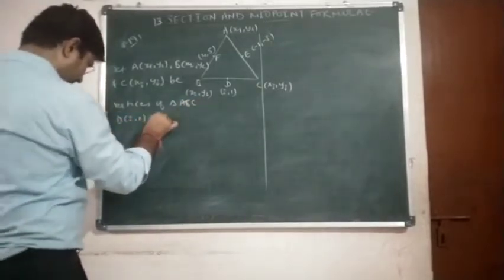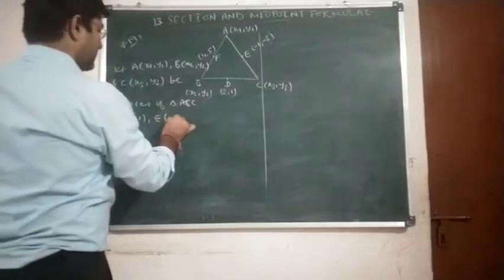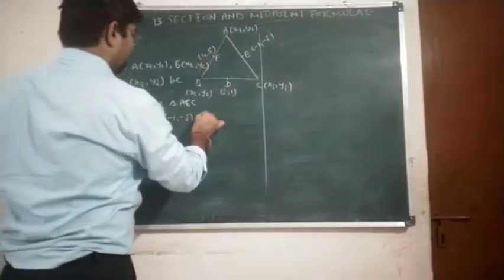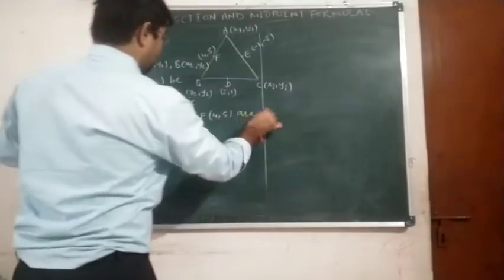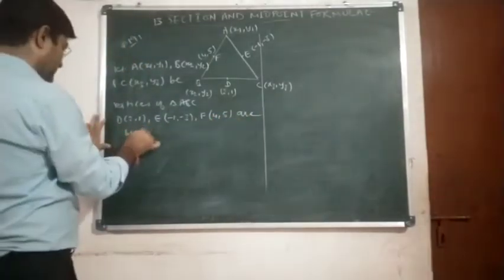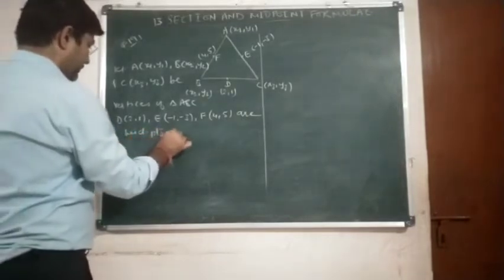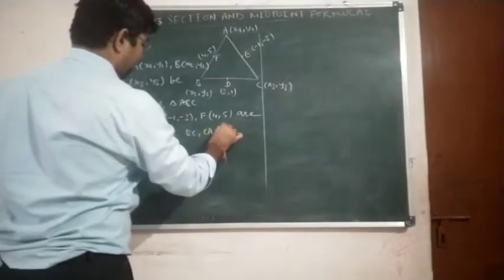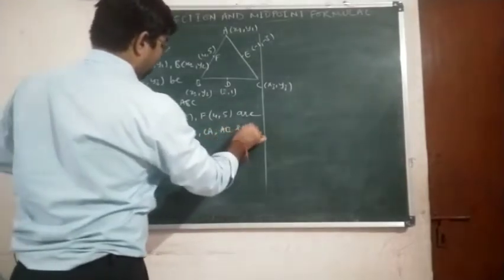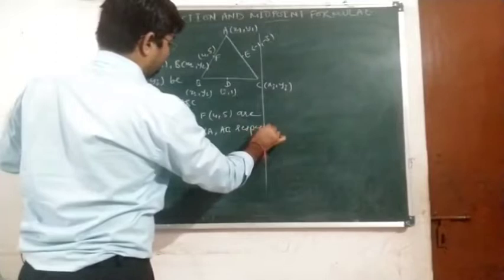D (2, 1), E (-1, -3) and F (4, 5) are the midpoints of BC, CA and AB respectively.